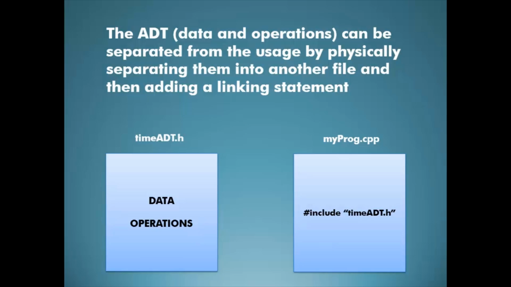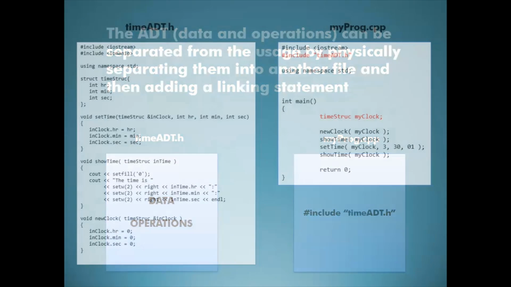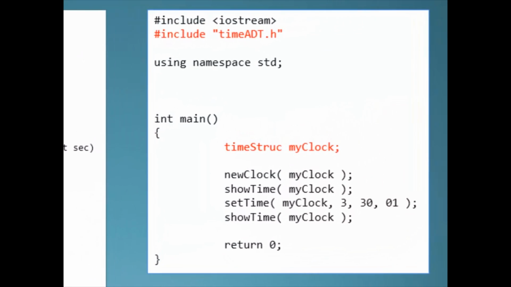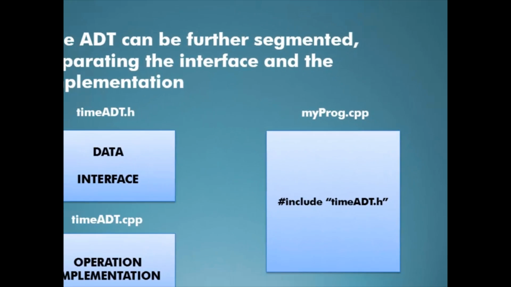I could put them into a .h file or a header file and then just include that file in my program, and that would look similar to this. You see on the left we have the time adt.h. I have declared my data structure, my time struct, and then the operations upon that structure. When I want to utilize those functions, I can then bring them in by including that entire header file into myprog.cpp.